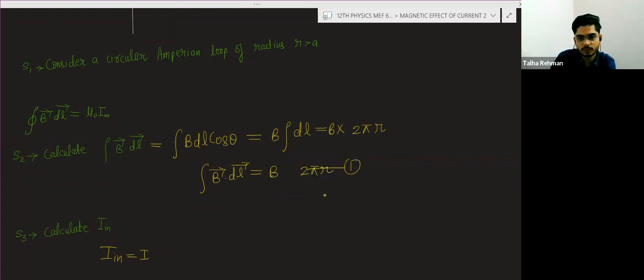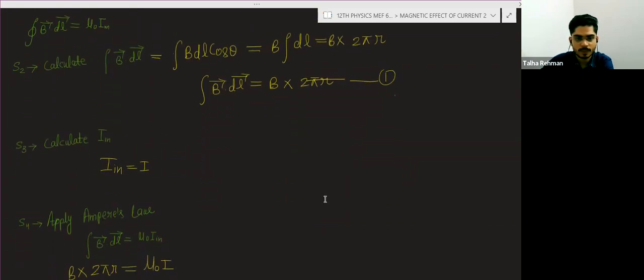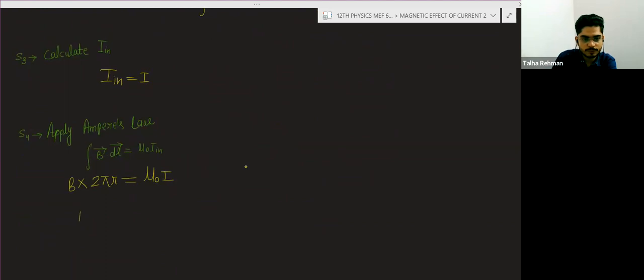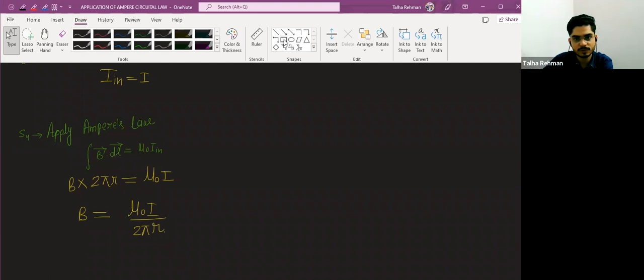This is equation number 1. So from here you can find the magnetic field. This becomes mu naught I divided by 2 pi r. So this is your final magnetic field with the help of Ampere's law.